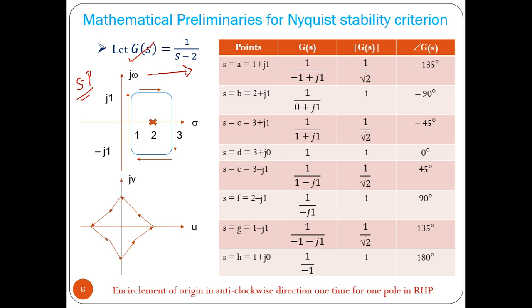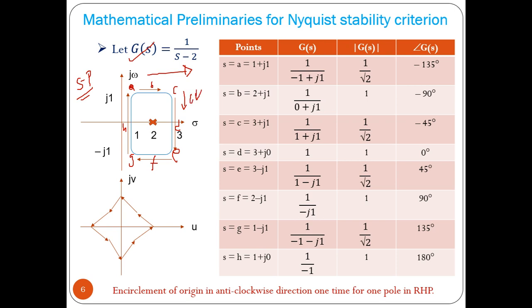enclosing the pole with a closed path, and we can mark some points, say A, B, C, D, E, F, G, H. Those are the points that we have marked, and the direction of rotation is clockwise.